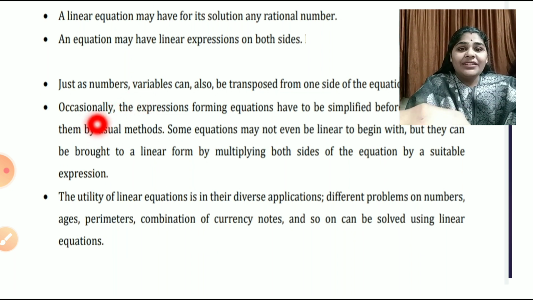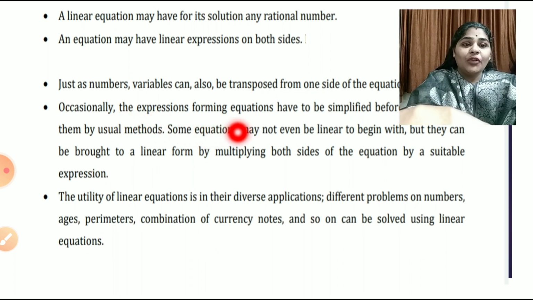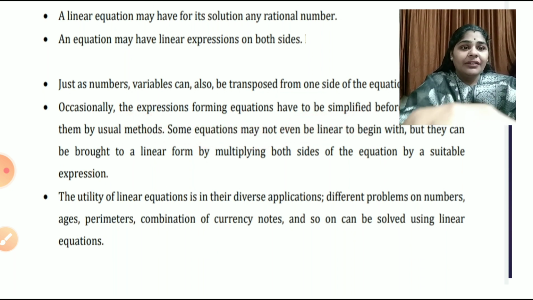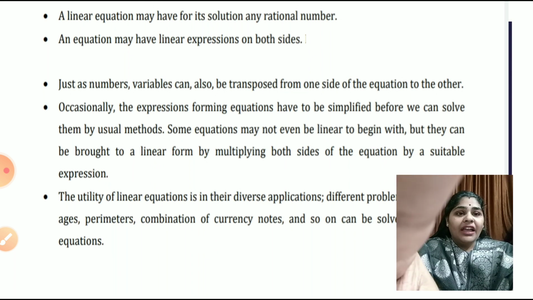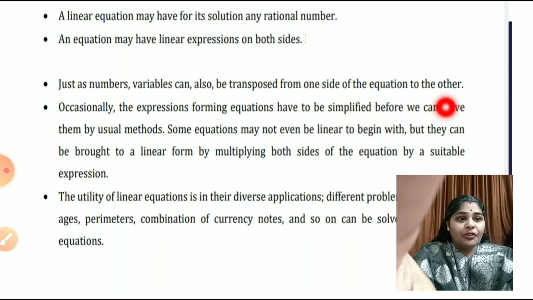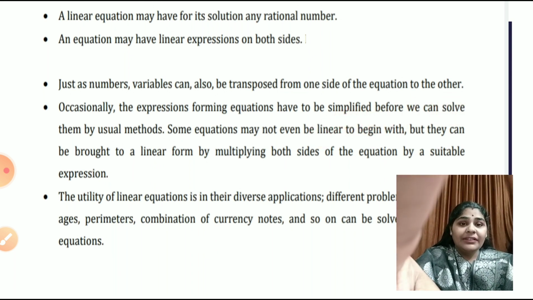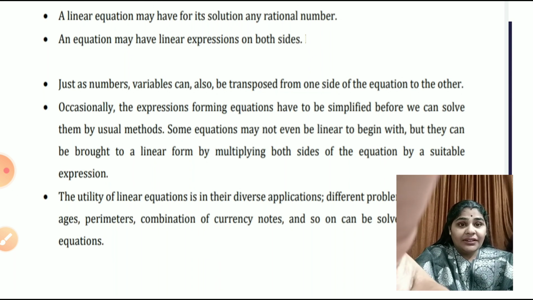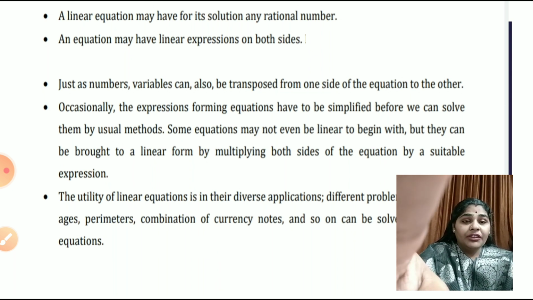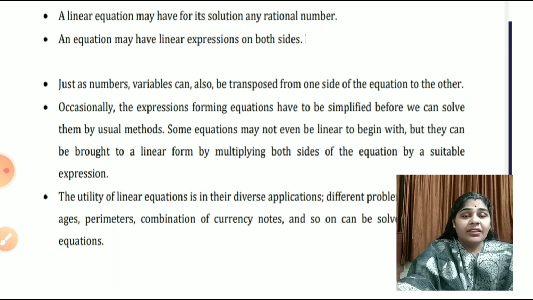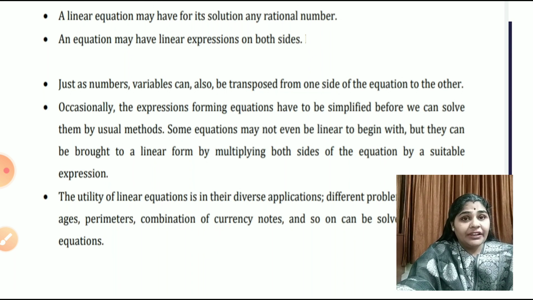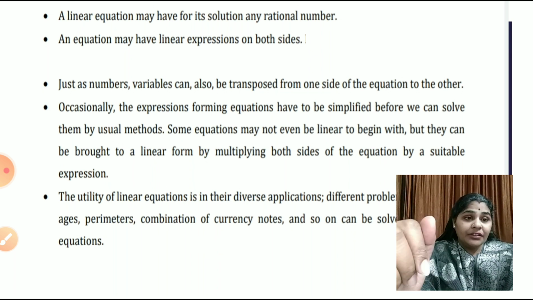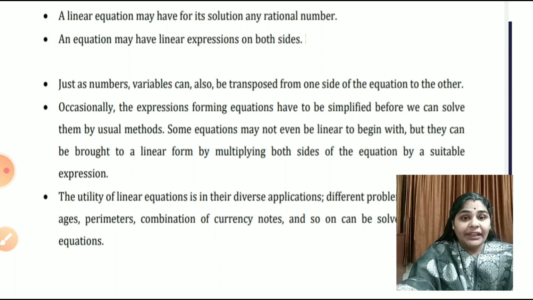Next one is, occasionally the expressions forming equations have to be simplified before we can solve them by usual methods. So usual methods like transposing, like multiplying or dividing, or adding or subtracting the similar terms to both the sides, right?